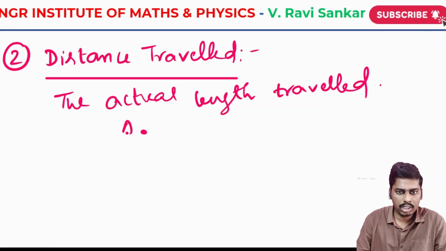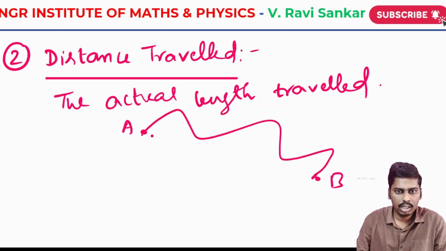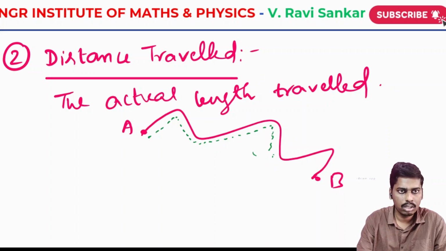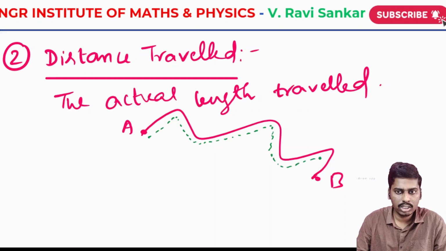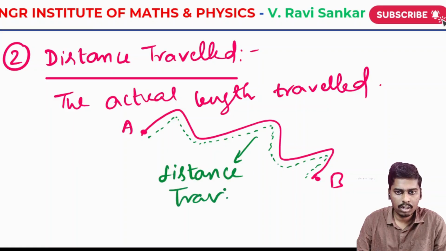Suppose this is point A and this is point B. If it travels like this, and if we take a thread and measure this distance, and take a thread and measure this distance, that is known as distance traveled.